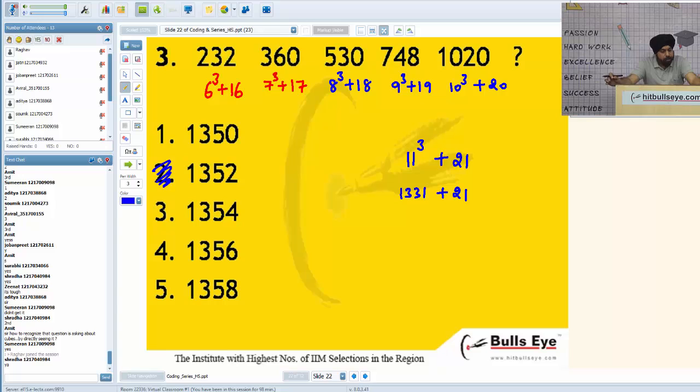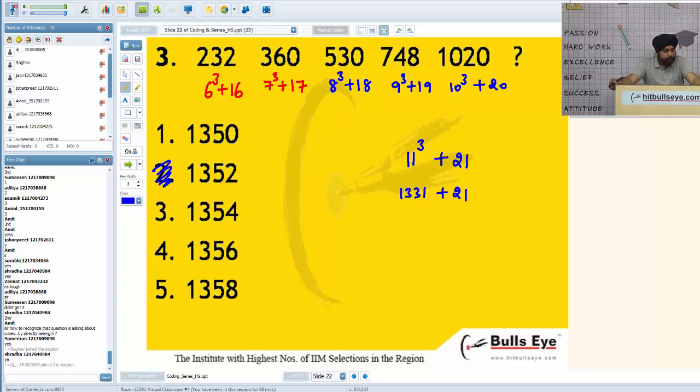See, but talking in general, the questions in series will be based on squares, cubes, prime numbers or differences. These are the 4 or 5 basic types, right? And mind it, let me tell you, for each of the topics you must have practiced some 50-60 questions so that you get to know what kind of question is being involved, what kind of logic is involved in that. Only then you will be able to crack it.